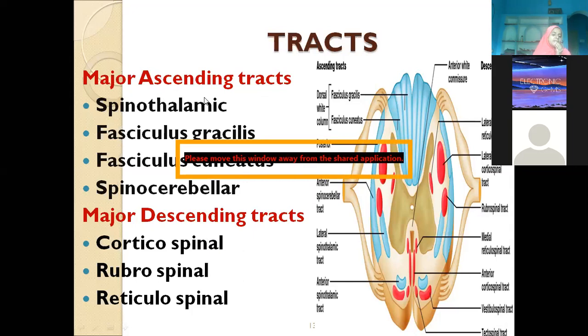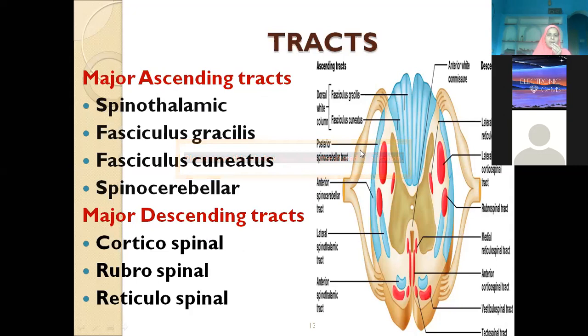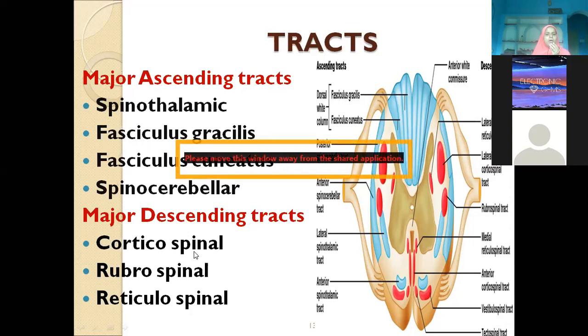Somatosensory, the main sensory area was numbers 3, 1, 2. That means whatever ascending tracts are there, they are going to the sensory area of the cerebral cortex via the spinal cord. Like that we have a different picture also. The major ascending tracts are spinothalamic, fasciculus gracilis, cuneatus, and spinocerebellar. Major descending tracts we have are corticospinal, rubrospinal, and reticulospinal.